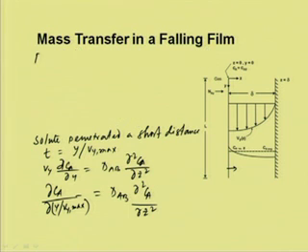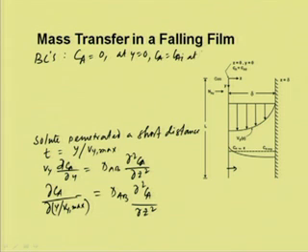Now, if we use the boundary conditions, C A is equal to 0 at y equal to 0, and C A will be C A i, the interfacial concentration, at z equal to 0, and C A will be 0 at z equal to infinity.